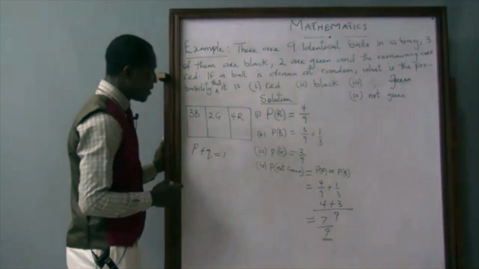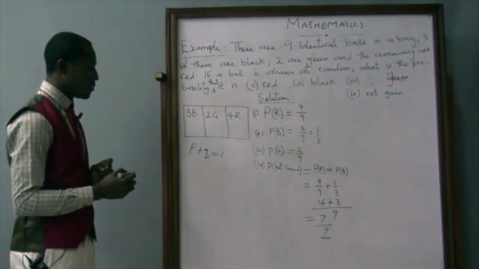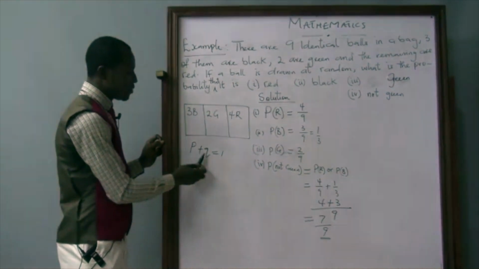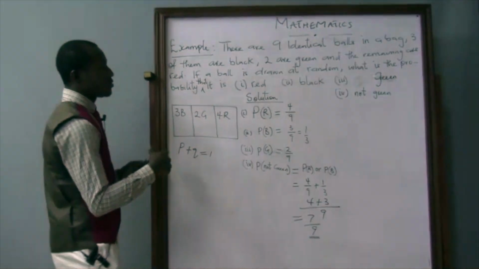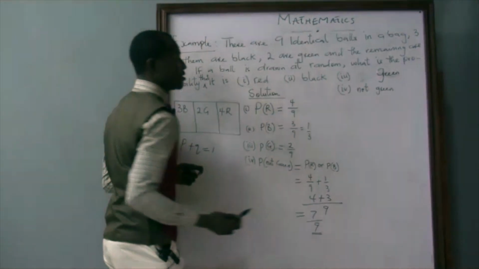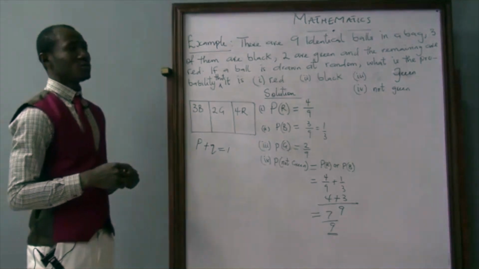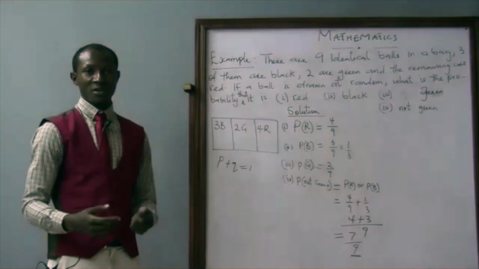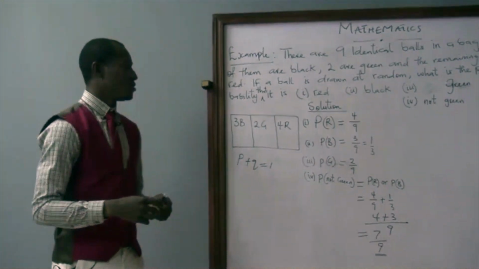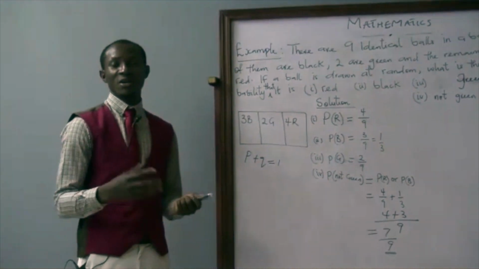Now, when I was talking about the properties of probability, I got to a point where I said P plus Q equals 1. This question says not green. If I'm interested in picking balls that are not green, it's just the opposite of picking a green ball.